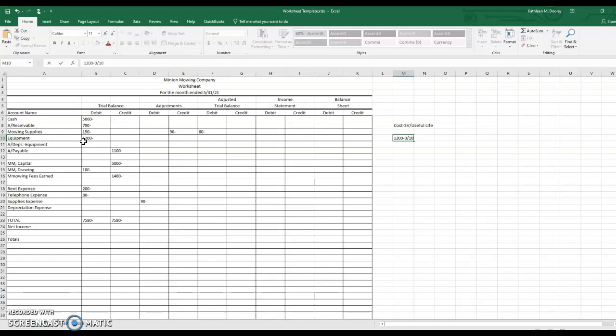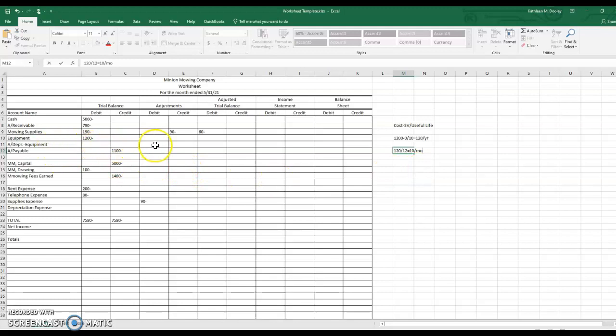If my denominator is in years, then my answer is going to be in years. So this is going to be $120 per year. Now, I'm looking at 1 month, the month of May, not for a whole year. So I have to take the 120 per year and divide it by 12 months, and that equals $10 per month. Okay, so that's how much depreciation I'm going to take.